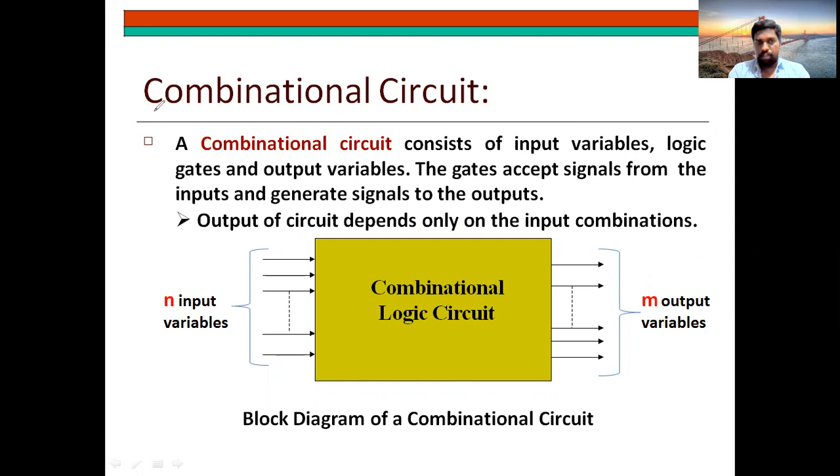When you observe the word, you find here the word combination, right? So what does it mean? The circuit is purely depending on the combinations. Generally we will have input combinations with us.